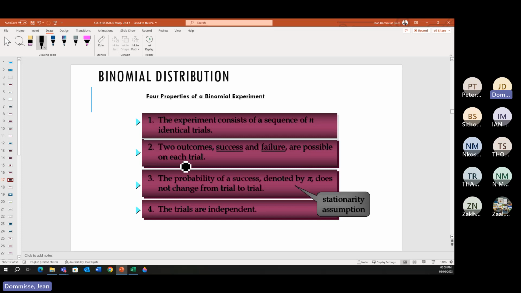The other thing that is important with binomial, and it's not going to influence how you look at the questions, but they might ask it in a definition. When you look at binomial distributions, it is supposed to be independent.